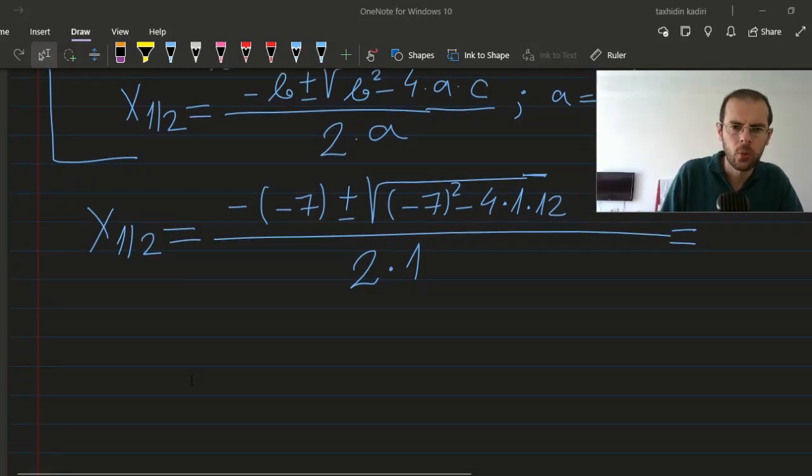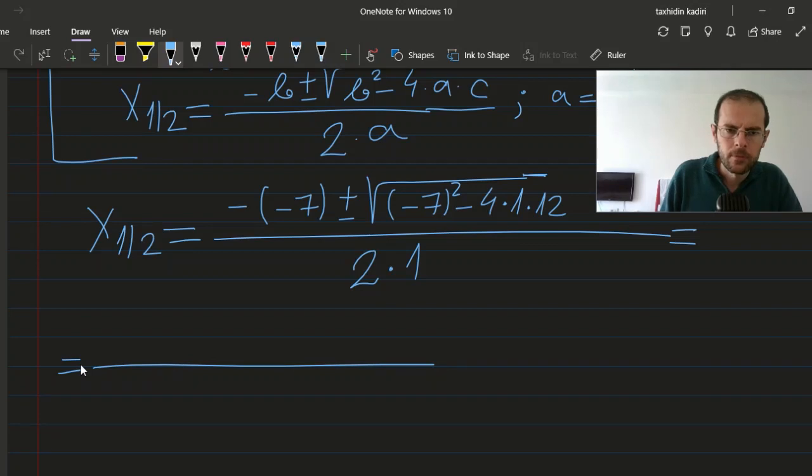Now we have minus multiplied by minus is plus, here plus or minus. Minus squared is plus, because the power is 2, so this base will multiply 2 times by itself.